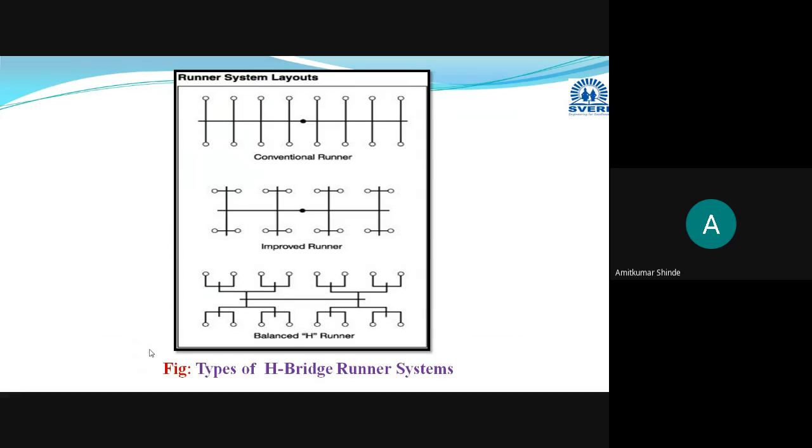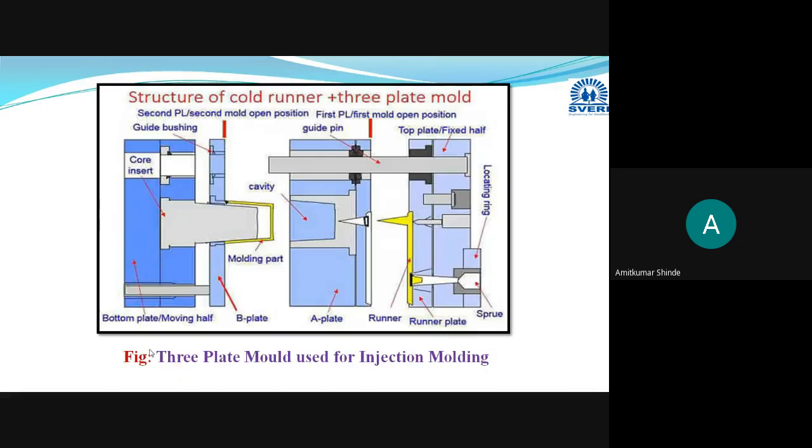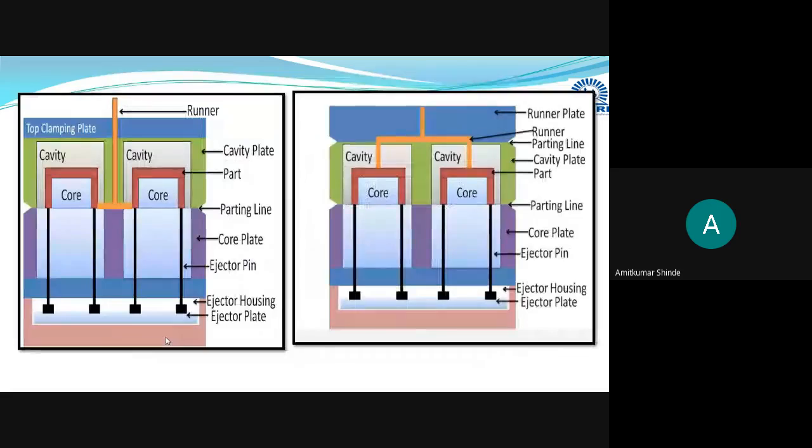Now, whichever runners are there, these runners are connected to the sprue and gates. What is the sprue and what is the gate? I will show you here. This is the runner. These are the gates. This will be the sprue here.